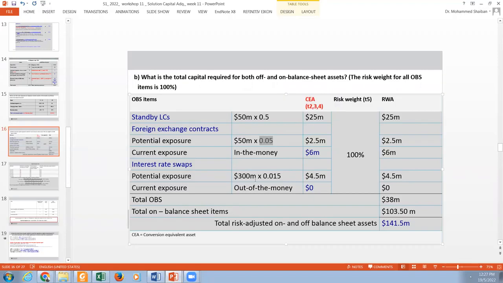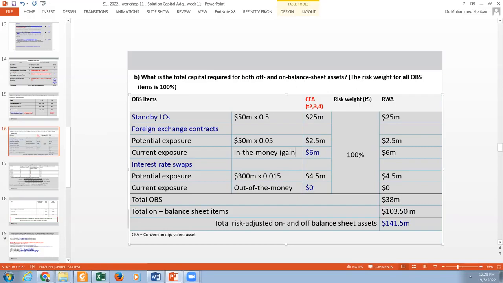Now, as we discussed in the multiple choice questions a little bit, we talked about the current exposure and potential exposure. This is the potential exposure from the tables. The current exposures, you have to count it 100% if you are gaining in the contract. And if we are gaining in the contract, we call this in the money.